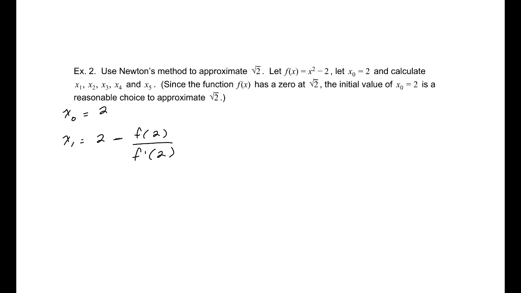Alright, so 2 minus f of 2 divided by f prime of 2 is 1.5. Alright, for x2, we'll take 1.5 minus f of 1.5 over f prime of 1.5.